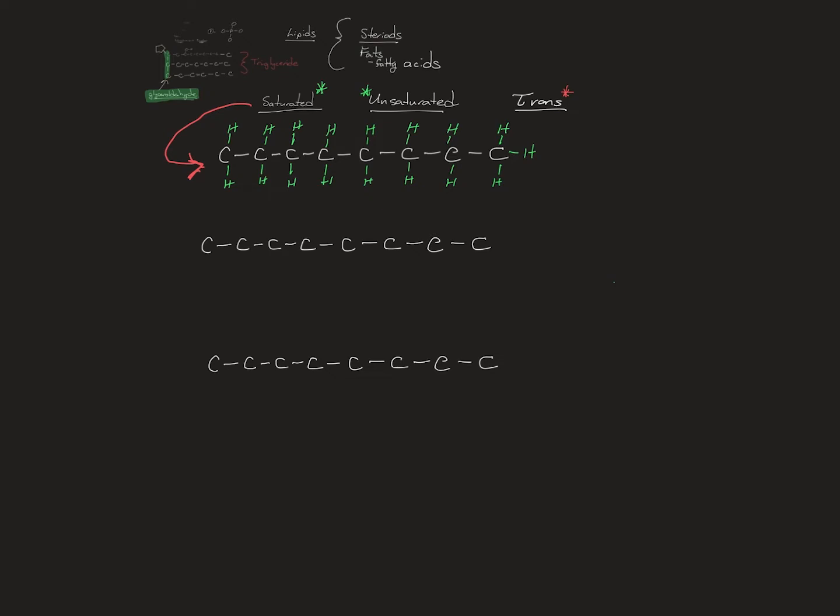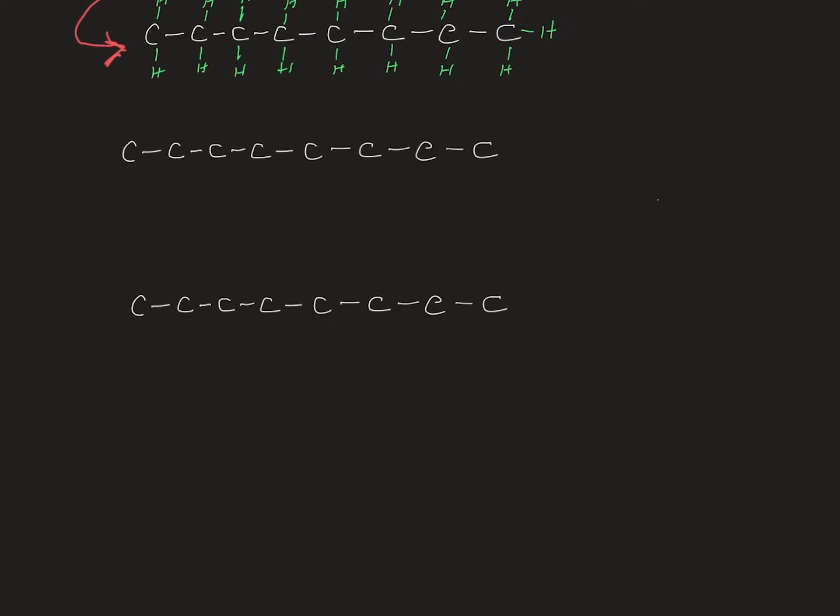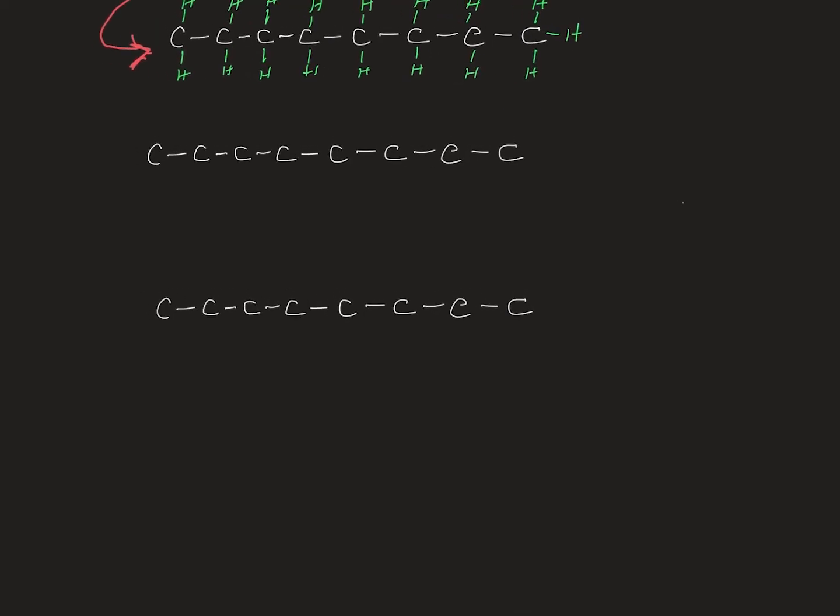There's a single bond to everything. There's no double bonds. Now, once a carbon has a double bond, now you have a what? Unsaturated is correct. See how not hard this is?